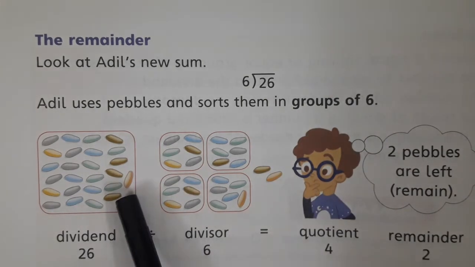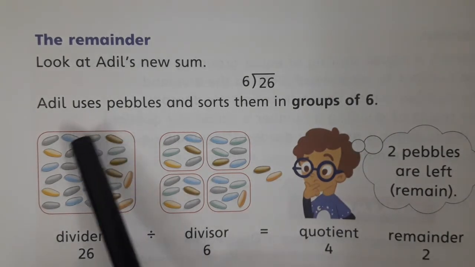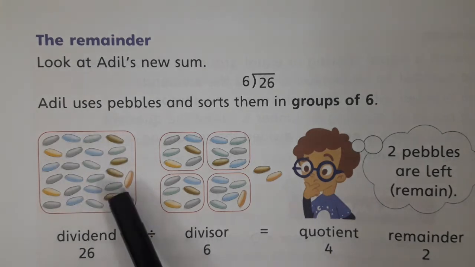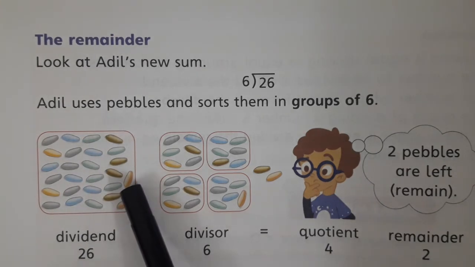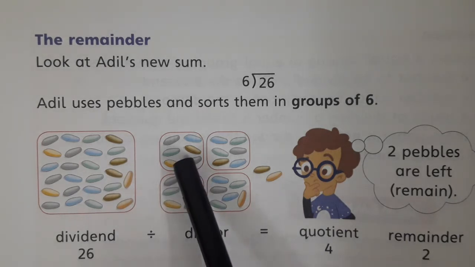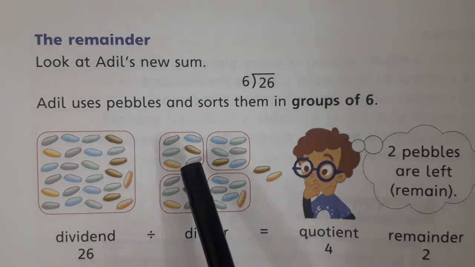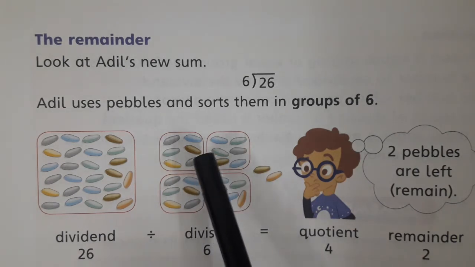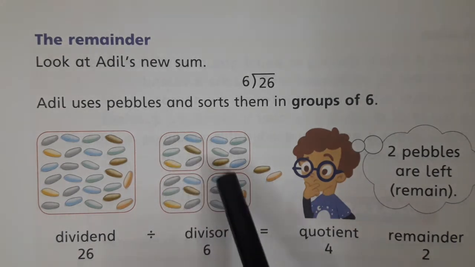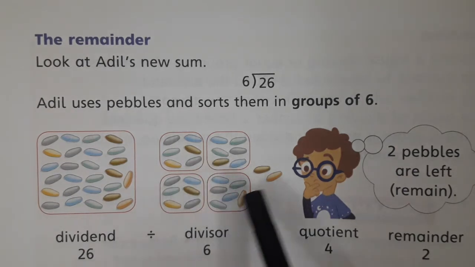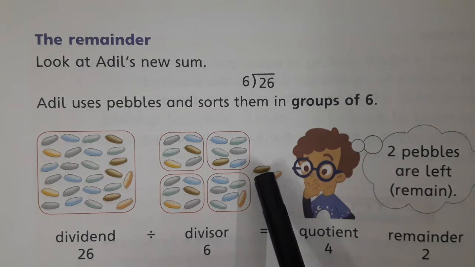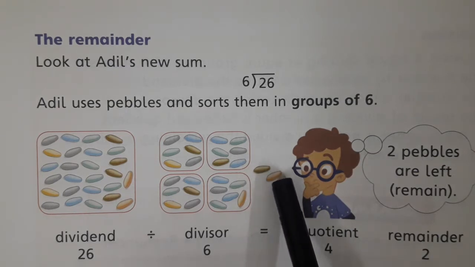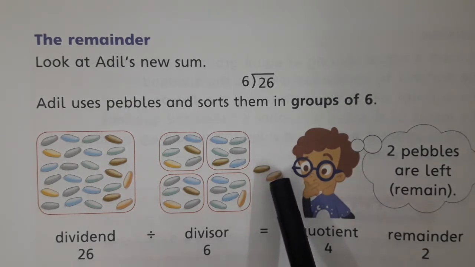You can see there are 26 pebbles in total, and Adil has to divide them equally among groups. But you can see that in each group there are only 6 pebbles, and 2 pebbles are left, or you can say remain.